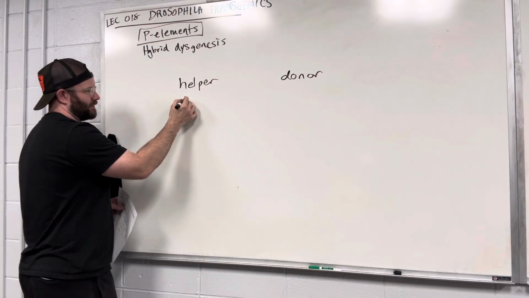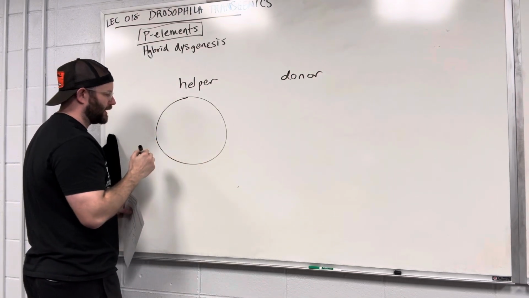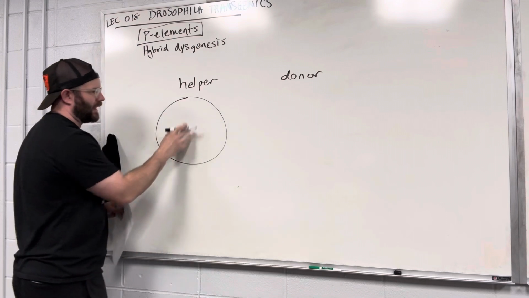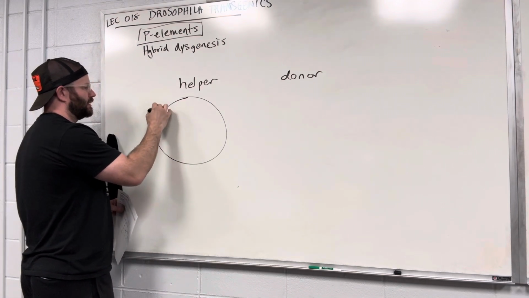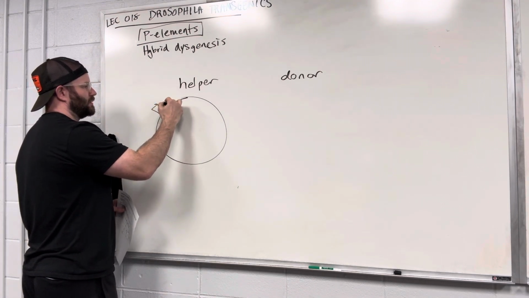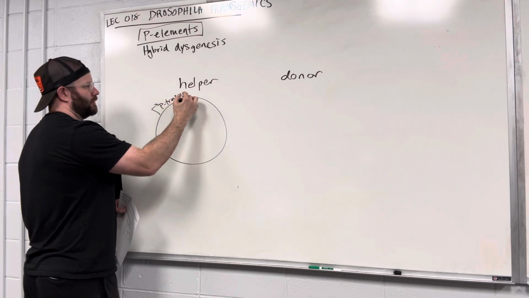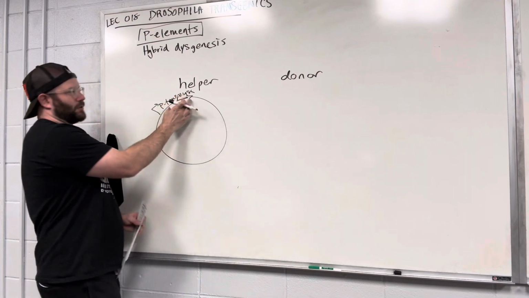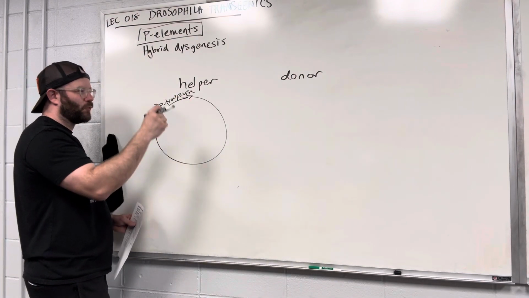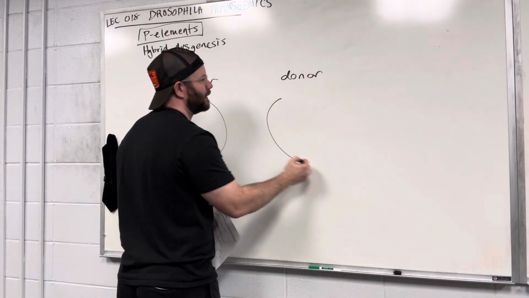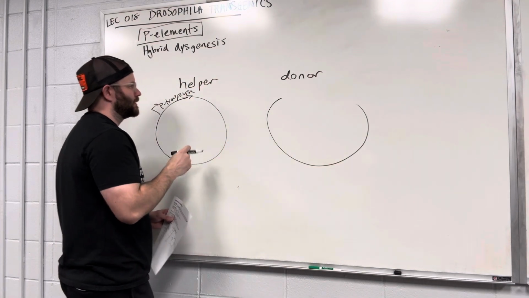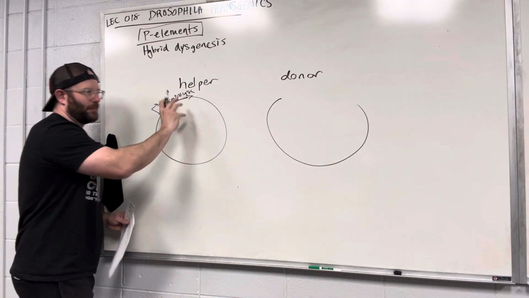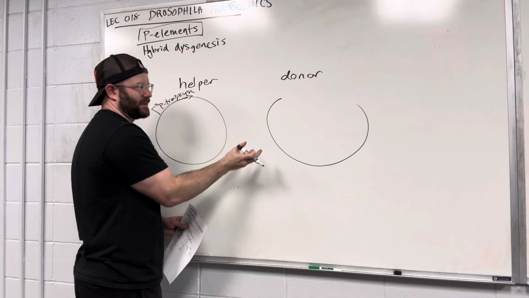And so in the case of the helper-donor system for Drosophila, they have a helper plasmid which encodes the P transposase. So something like this, that's the helper. And transposases recognize what types of sites? So transposase is actually a gene that codes for a protein that binds to DNA, and it binds to what type of sites?